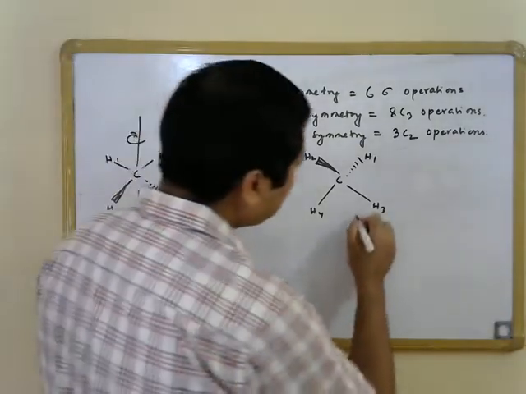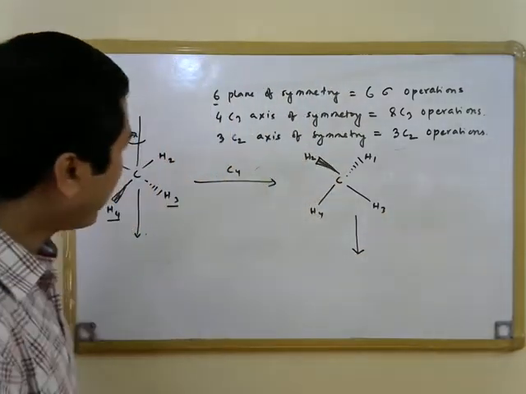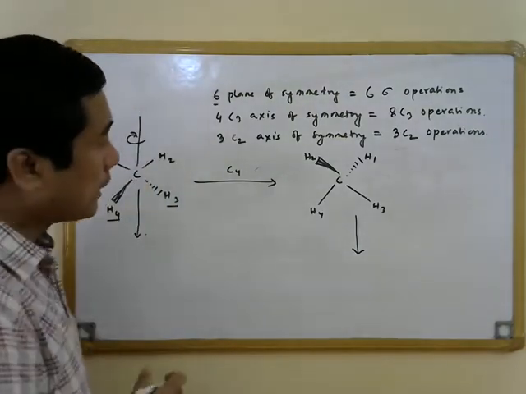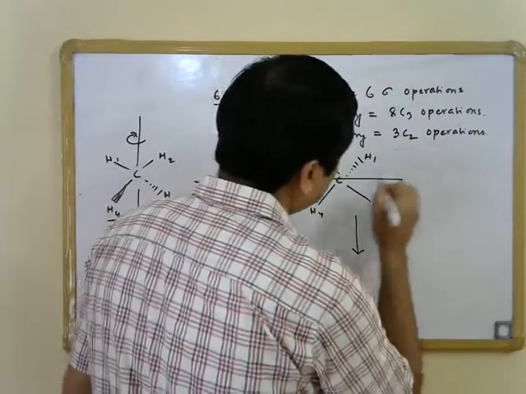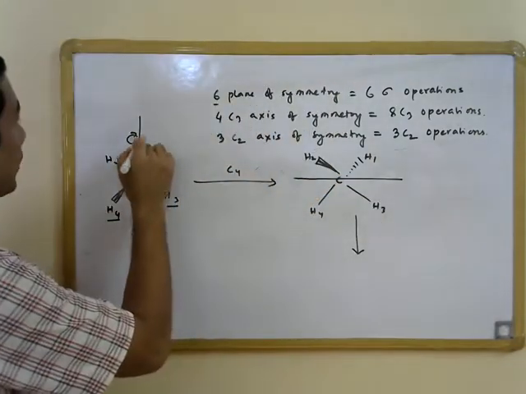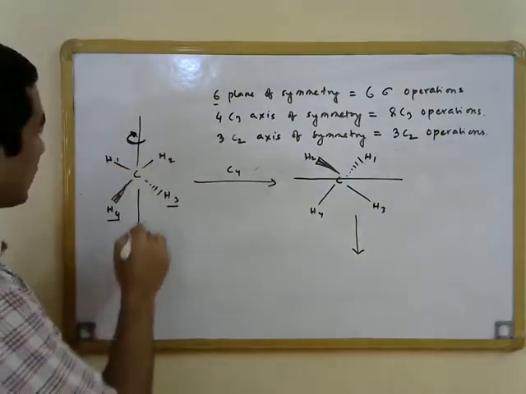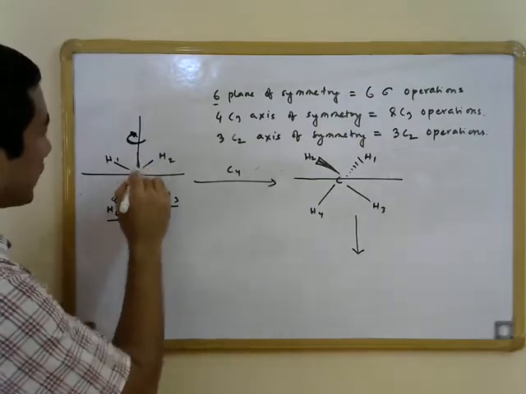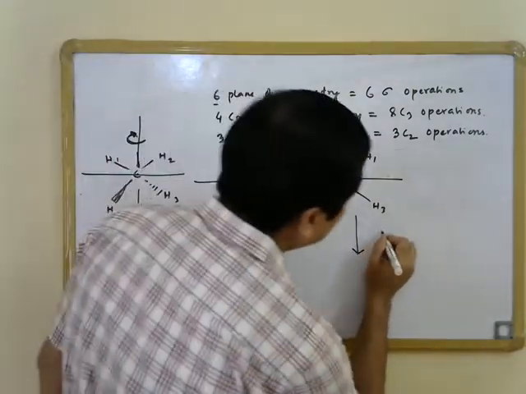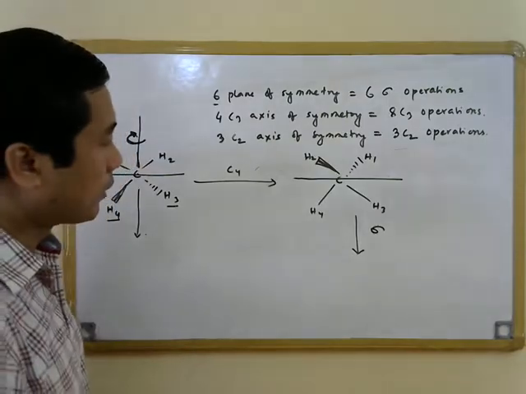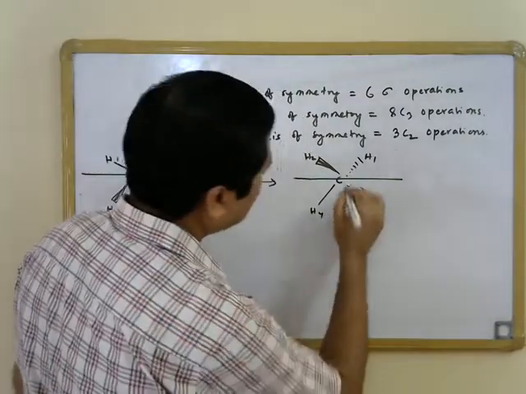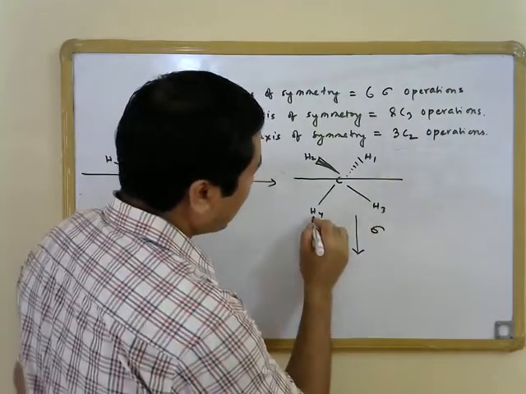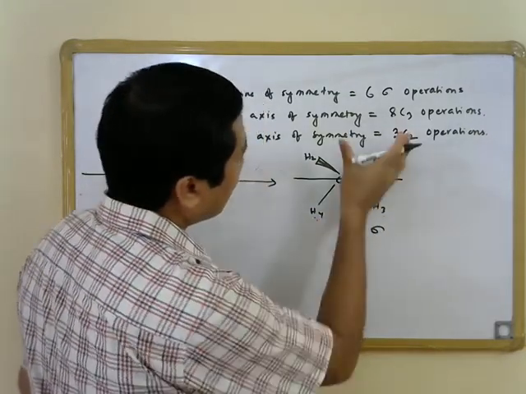But now if we do a reflection with respect to a plane perpendicular to the axis with respect to which we did the rotation operation, what is going to happen is that the top two hydrogens will occupy the bottom positions, and the bottom two hydrogens will go to the top.